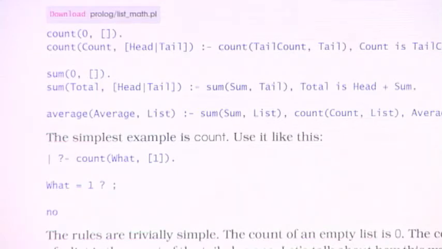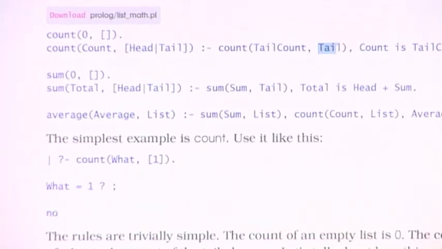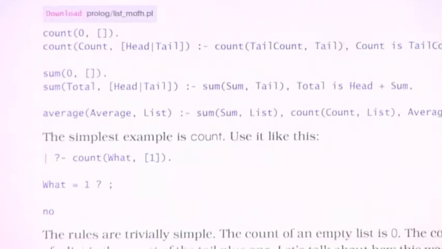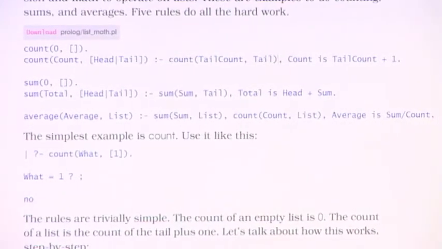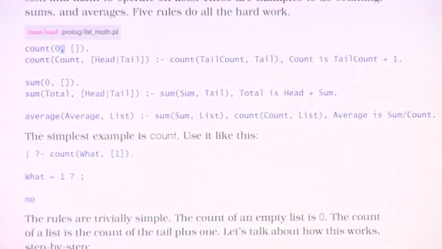The count can also be defined as the variable count for an array with head and tail, which is defined as the count of the tail. So that recurses down the tail until it gets to an empty array, which is 0.